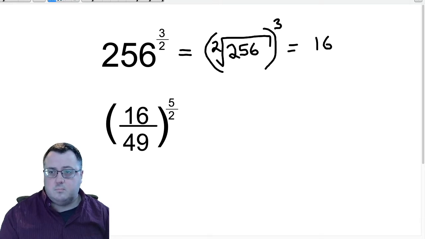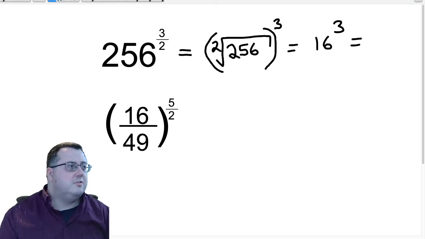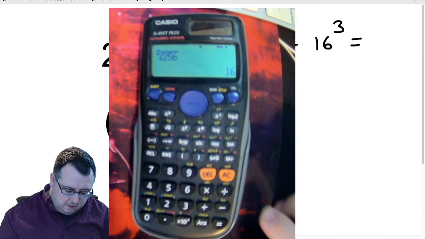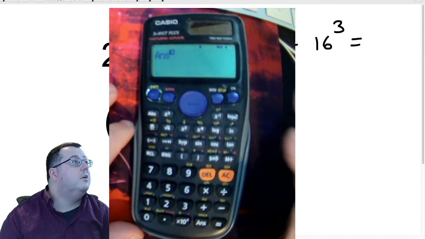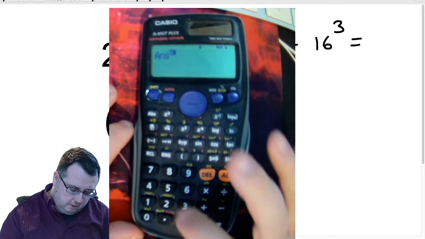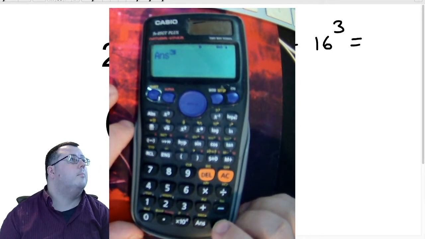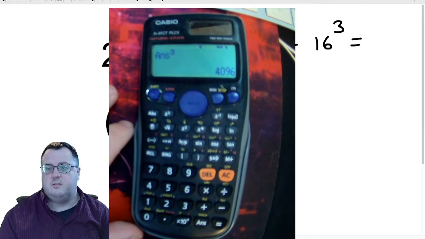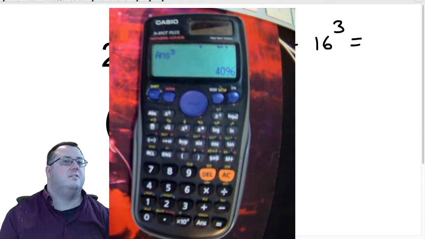16 cubed. Then we have to work that out. So if we go back to the calculator, I can use the x to the power button, just regular x to the power, and raise to the power 3, which will give me the answer of 4096.